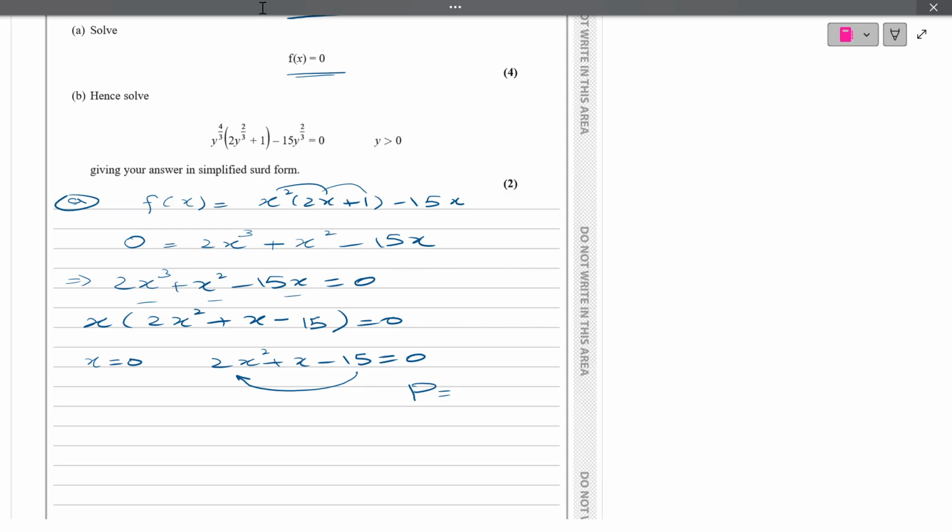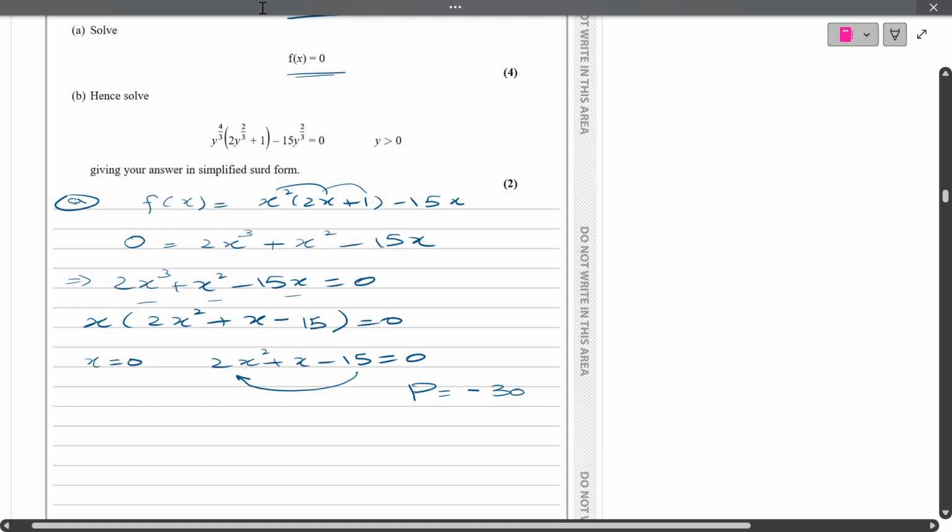So the product here is negative 15 times 2, which is negative 30, and the sum here is plus 1. So I need two factors which, when I multiply them, give negative 30, and when I add them, give plus 1.